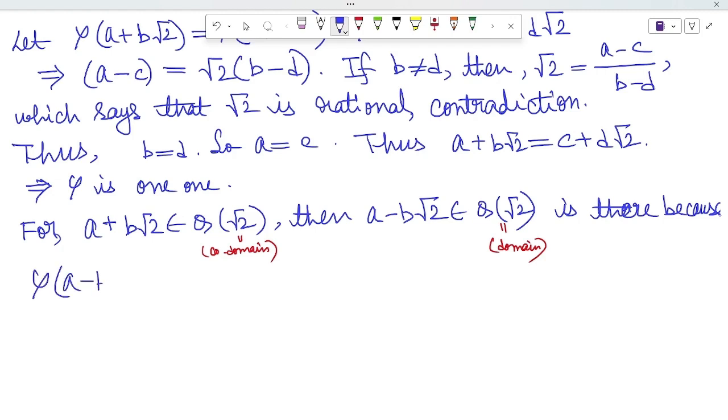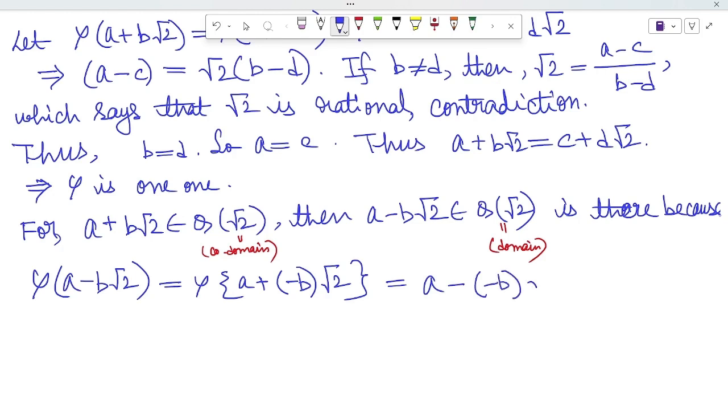Phi of a minus b root 2, that means phi of a plus minus of b root 2. That will be a minus minus b root 2. That is a plus. Okay.